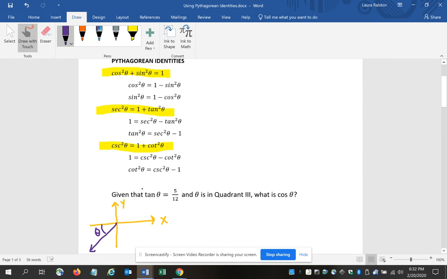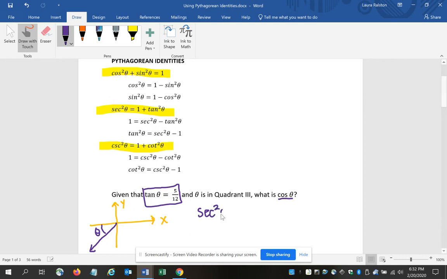And they also tell me that the tangent of theta is 5/12. And ultimately, I'm looking for cosine. So if I think about the different Pythagorean identities that I have, the one that involves tangent is secant squared equals 1 plus tangent squared. So that's the one I'm going to use.